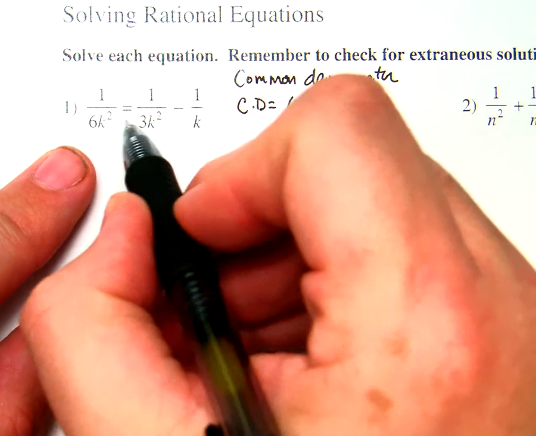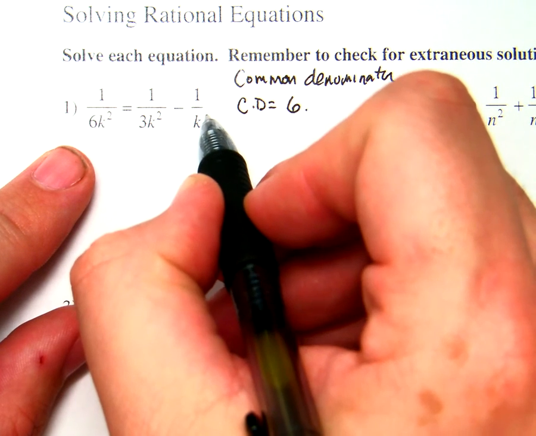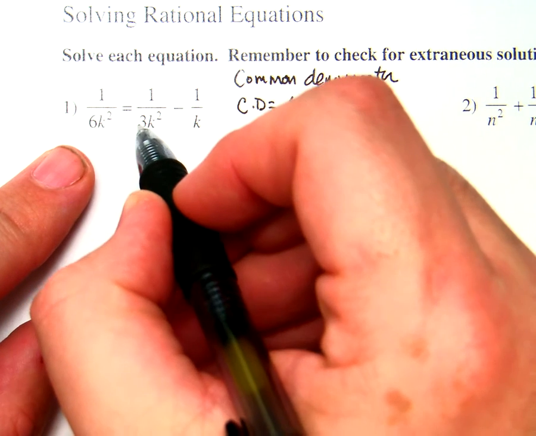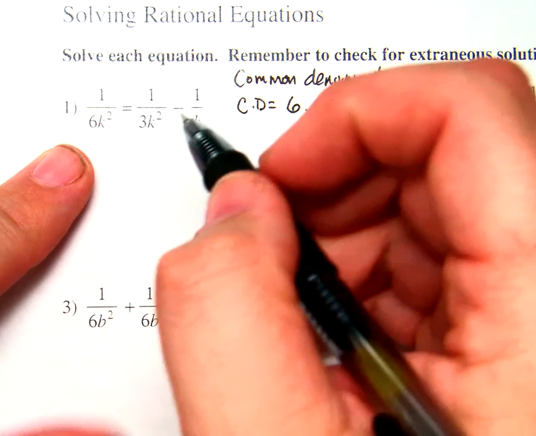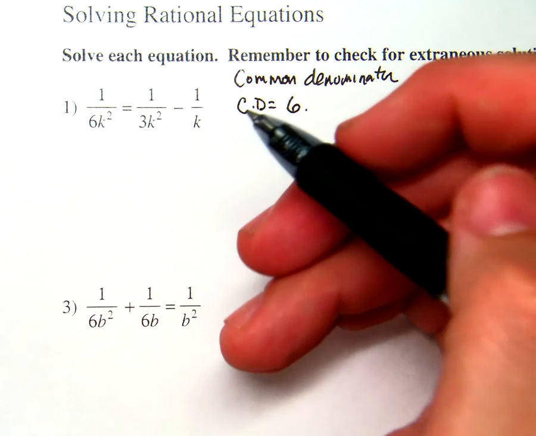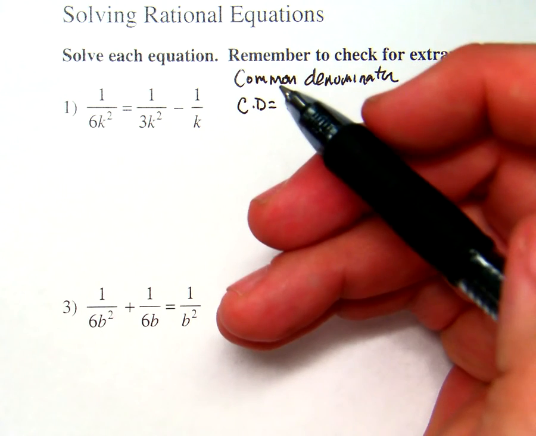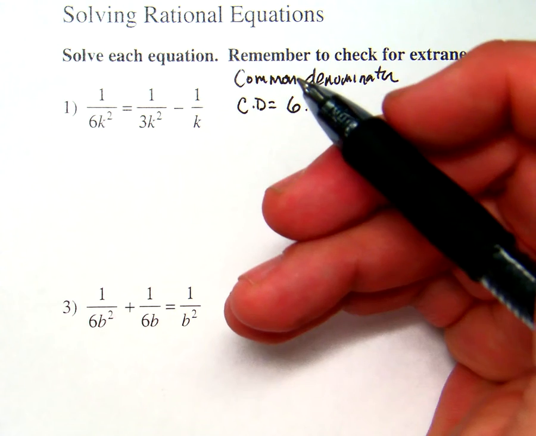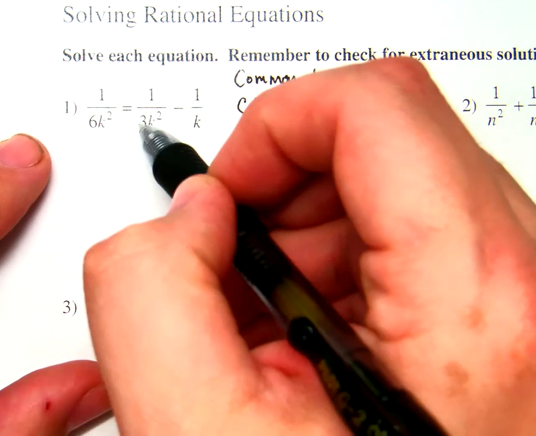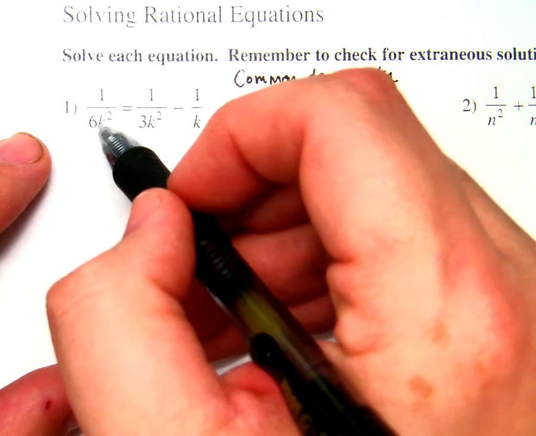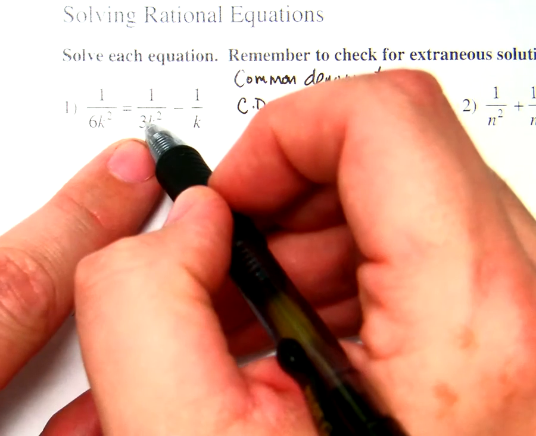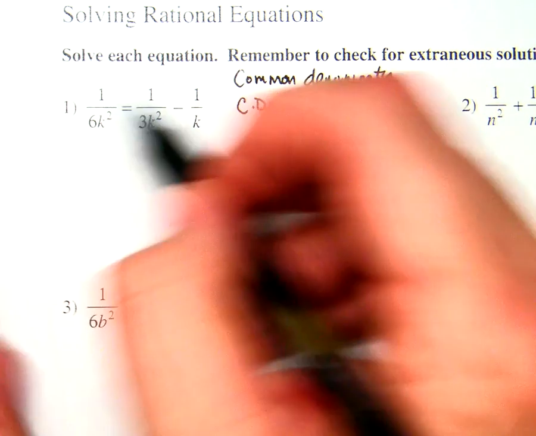If I have to add them, they all have to be the same. So when you're looking for the numbers, you want the biggest number. So when we build denominators, we're looking for the biggest common multiple. So a 1, a 3, and a 6, the biggest one's going to be a 6, because I can change that into a 6, and I could change that into a 6, and they'd all be 6.